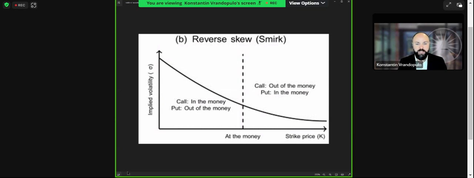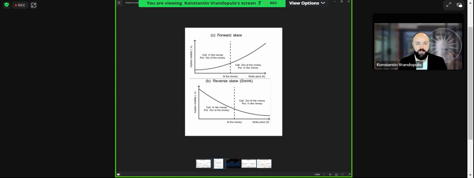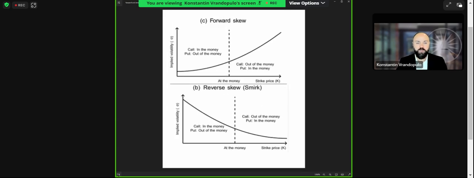So we're going to look at some interesting things. Again, forward skew, positive skew, swoosh, reverse skew, negative skew, smirk. Those are the more realistic types of things that we see. Now, the way they're depicted on these charts are very exaggerated, right? You normally don't expect the curvilinear nature of these slopes to be the way they're depicted here.